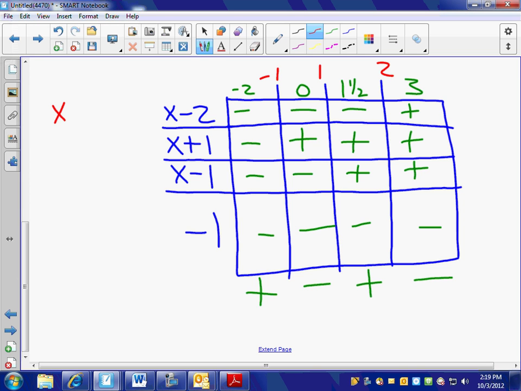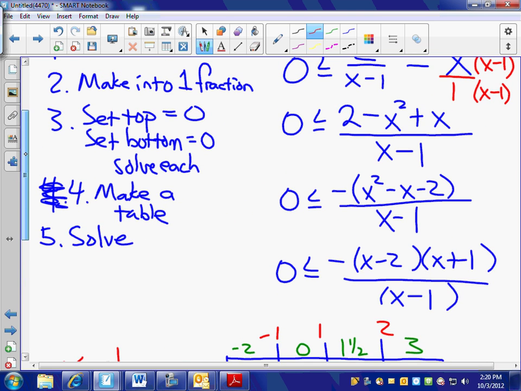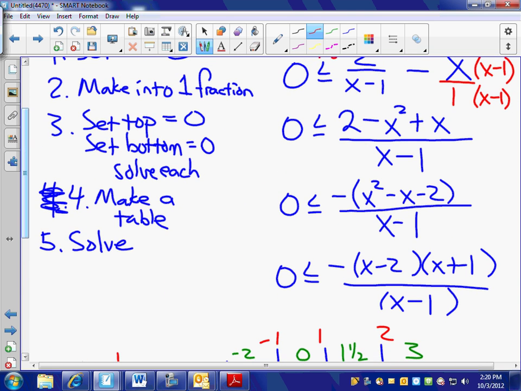Well, it says it's positive in this interval right here. How would you express that? For x values less than or equal to -1, right? Or this middle section right here. X between 1 and 2. Now, why did I use the equal signs on these? Because that's what my original problem used, right?